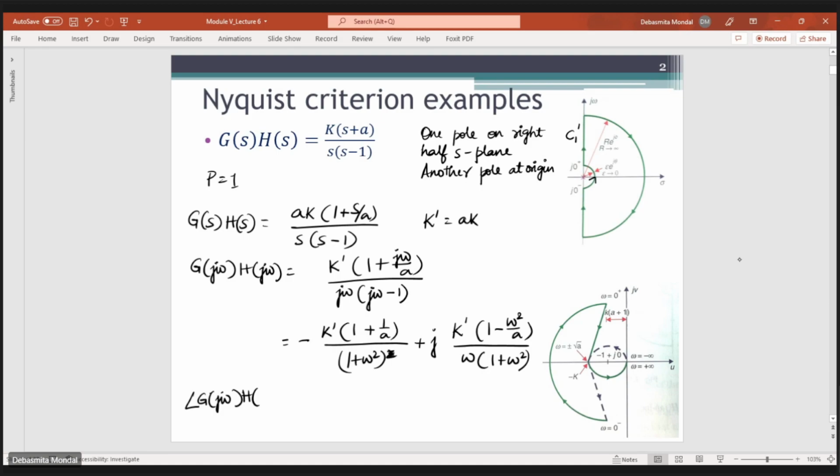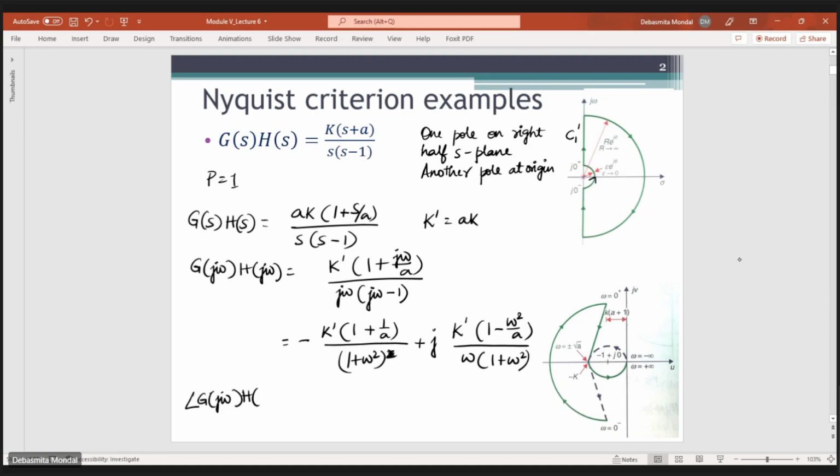And at this point, this is j infinity, right? So this is that point. From here it will start and move, since the phase angle is plus 90 degree, that means it will start moving almost parallel to the 90 degree axis. So you can say that it is sort of moving like this.